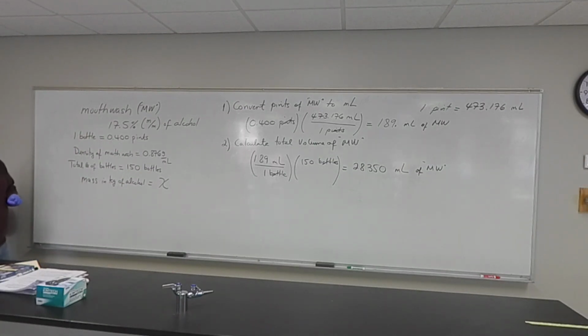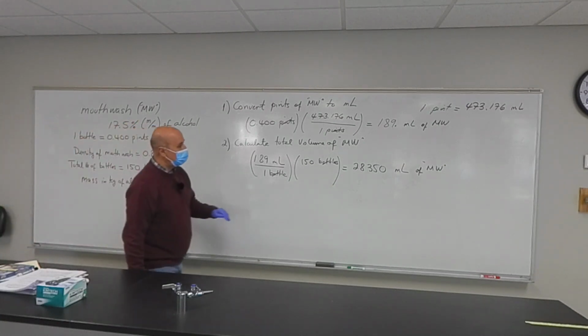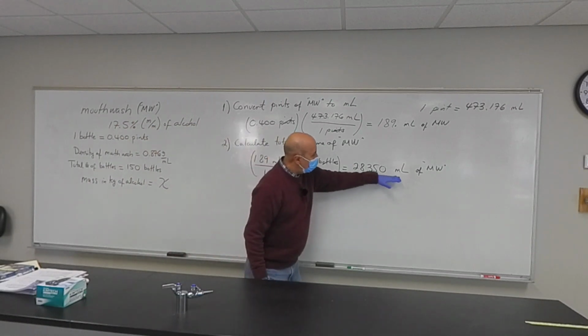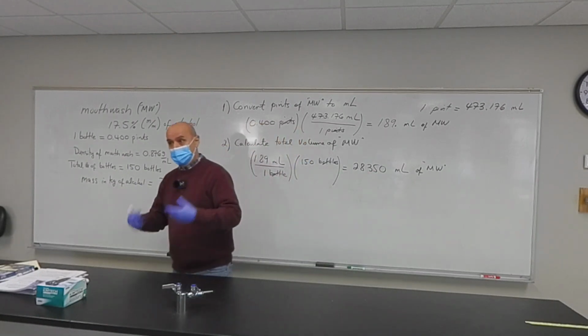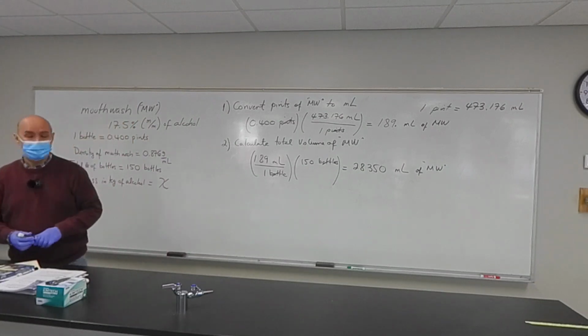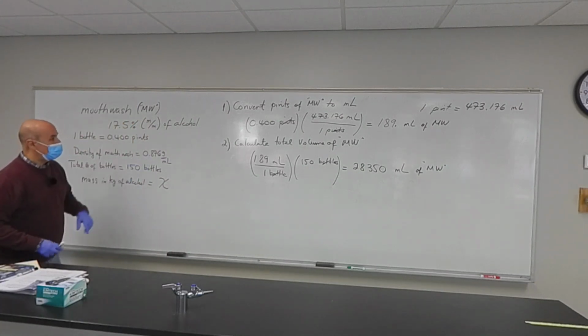Now, with the density, we can take the next step and find out how much of mouthwash these 28,350 milliliters are in mass, in grams, because that's what this relates.